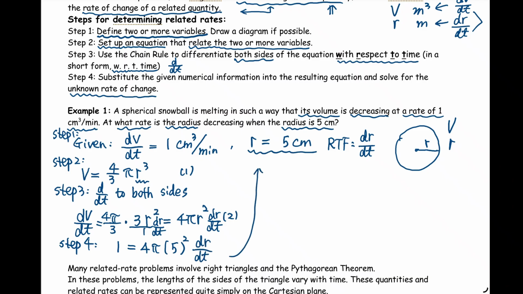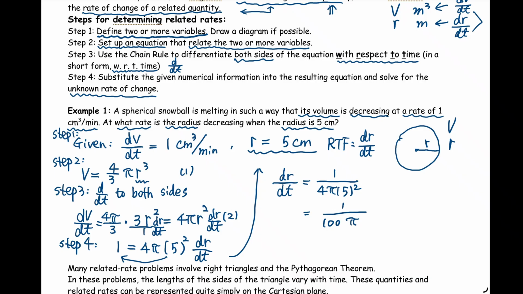So from step 4, what we have to do is just isolate dr by dt by moving the 4 pi 5 squared to the other side. So you will have 1 divided by 100 pi.